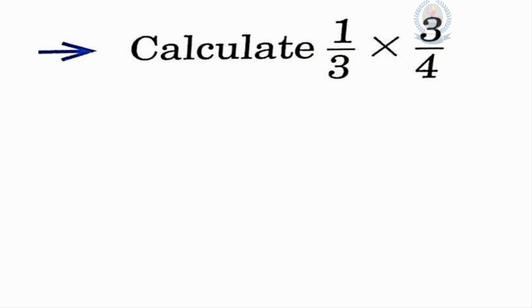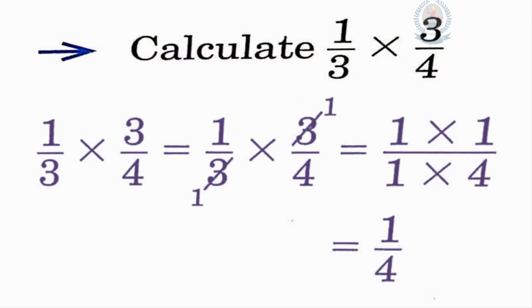Calculate 1 over 3 multiplied by 3 over 4. The first fraction's denominator is 3 and the second fraction's numerator is 3. So, both can be simplified by 3. Here, you have to remember the numbers can be simplified by cancelling the common factor before finding the product.